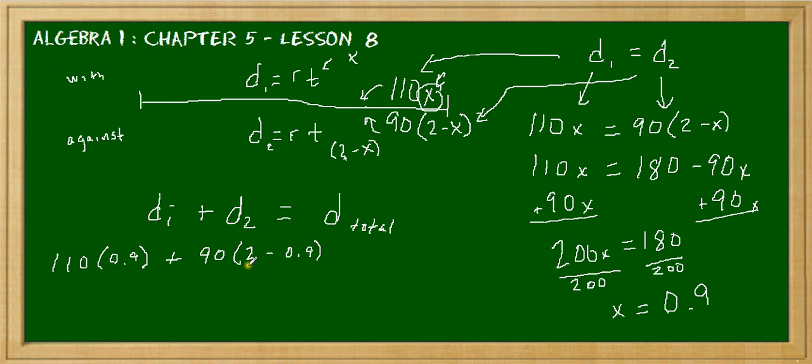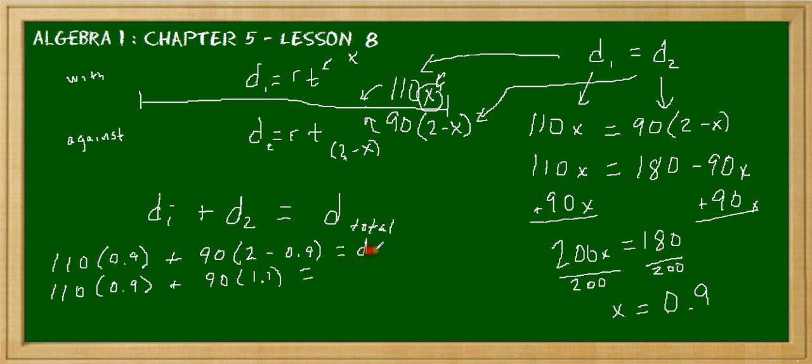And just note that the 2 minus 0.9 is going to reveal us our time here. So we're going to do 110 times 0.9, and we're going to do that over here. So that revealed the time, and that would be 1.1, would it not?